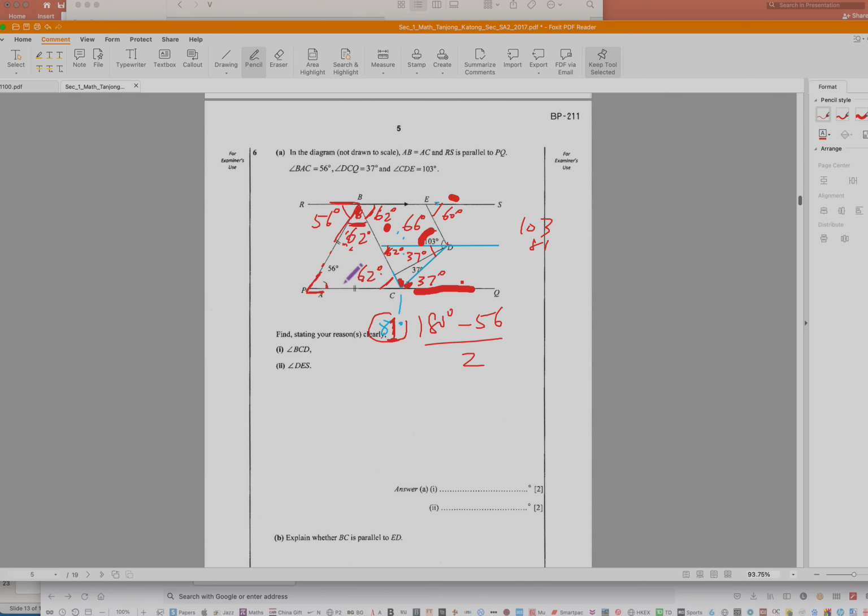I think, hold on. BC is parallel to ED? No, not parallel. Because this one is 62, this one is 66. If it's parallel, it should be 62 to 62.